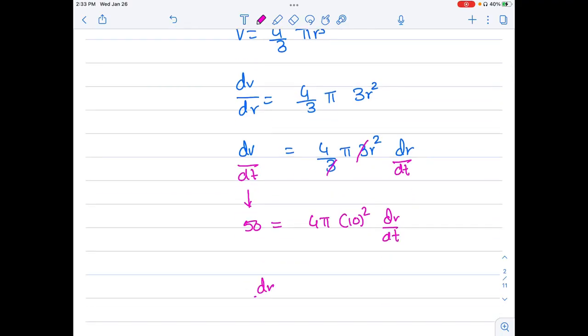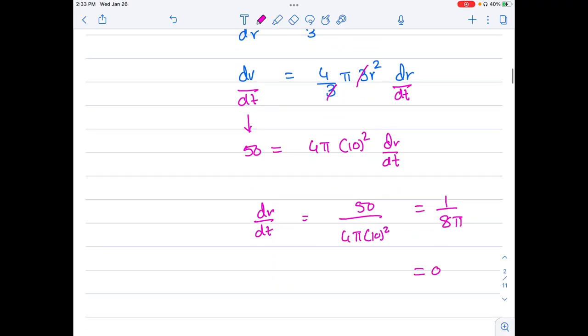So dr upon dt becomes 50 upon 4 pi times 10 square, which is nothing but 1 upon 8 pi, which is equal to 0.0398.